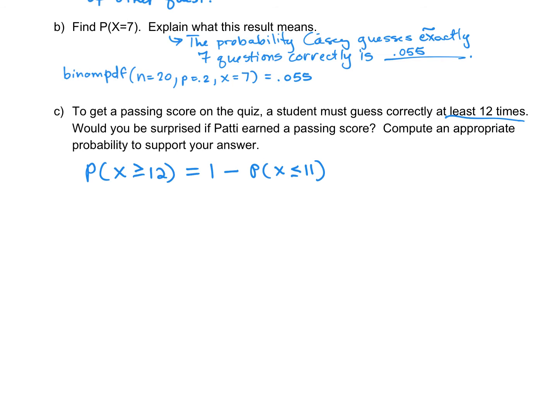Now, how will you see this on the multiple choice section? This is how you'll see the answer possibilities in the multiple choice section: 1 minus the probability of x less than or equal to 11. That would be one of your choices. And they might switch around.